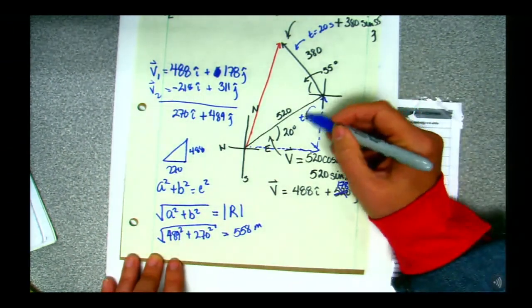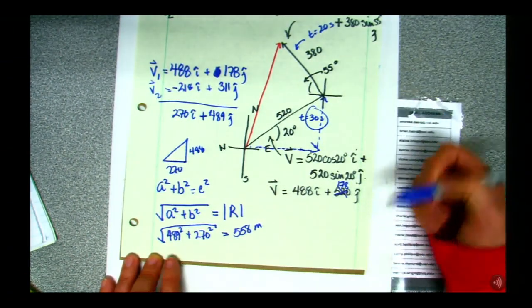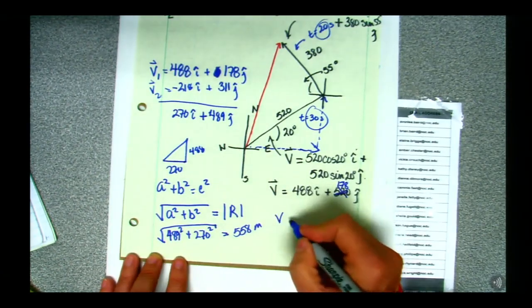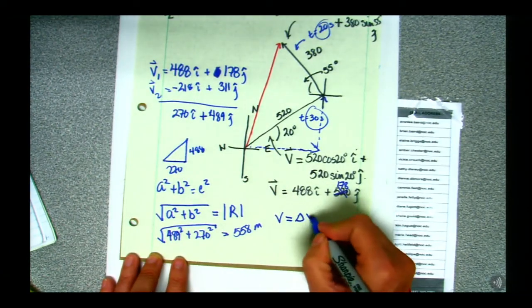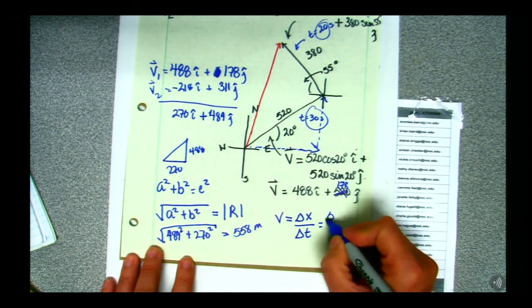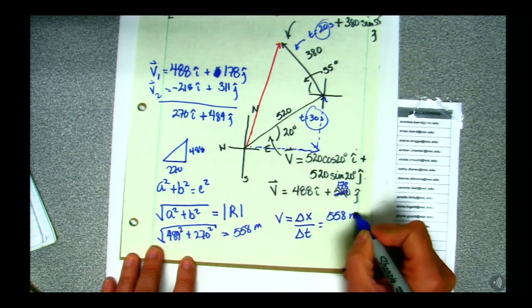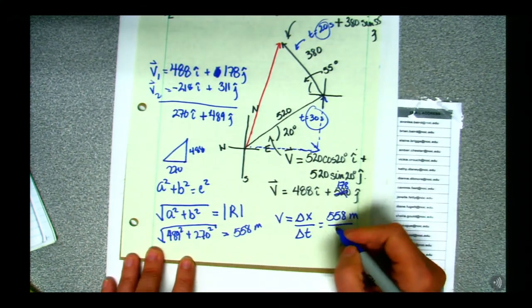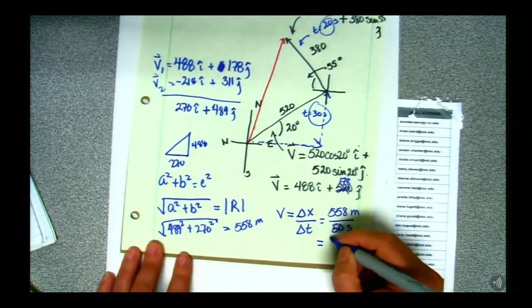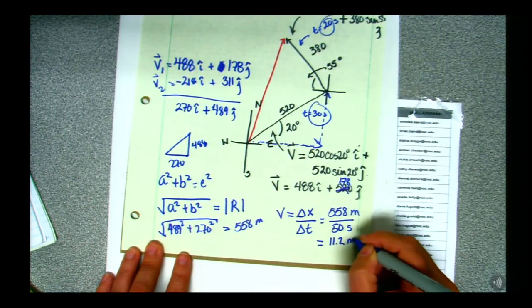It took 30 seconds to do this leg. It took 20 seconds to do that leg. The velocity is the change in position with respect to the change in time. So that's my 558 meters divided by my 50 seconds. And that gives me 11.2 meters per second.